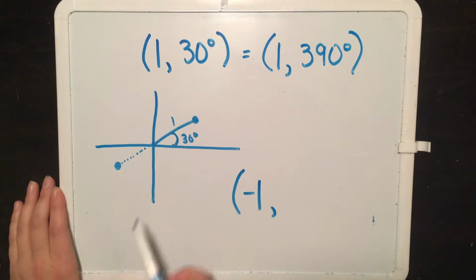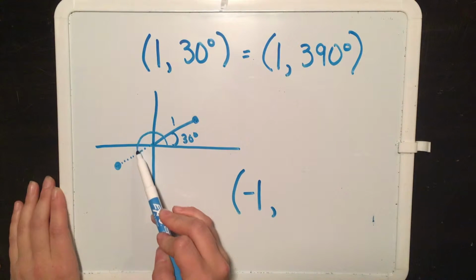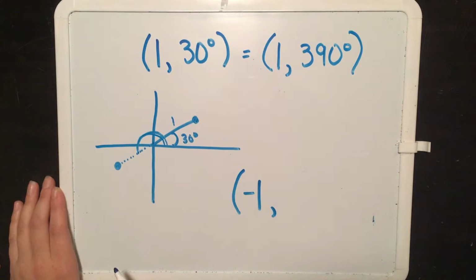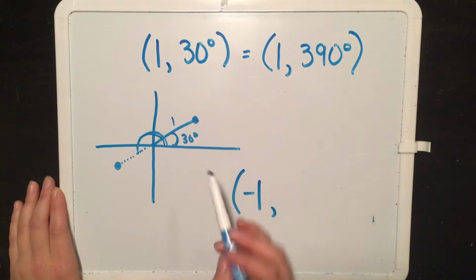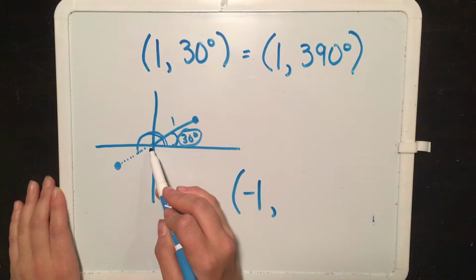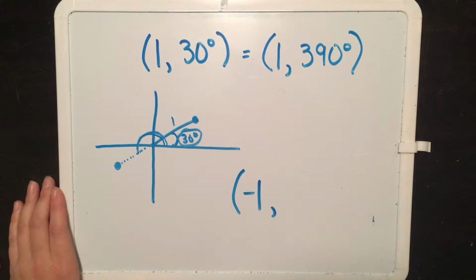So now we have to come up with the angle that would get us all the way around to this line. Now we're just adding 180 degrees to the 30 degrees that we already calculated, because the negative radius sends it 180 degrees the other direction.